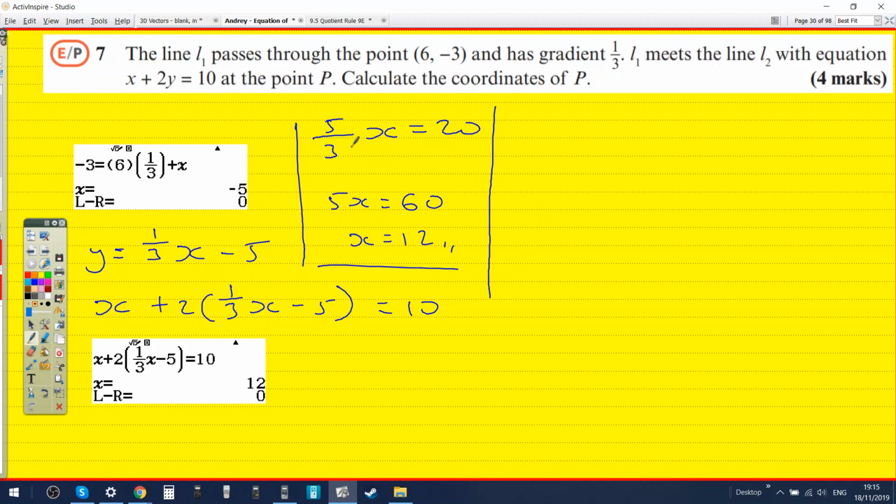I got x plus 2/3 x minus 10 equals 10, then made it equal 20, then I divided 20 by 2/3 and got 30.